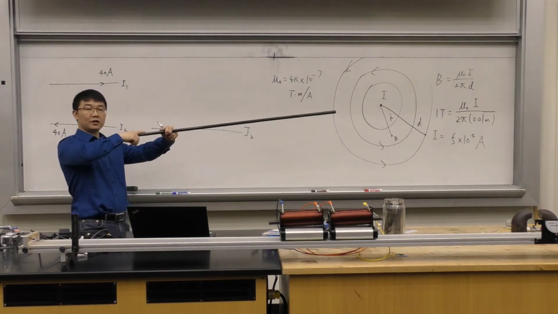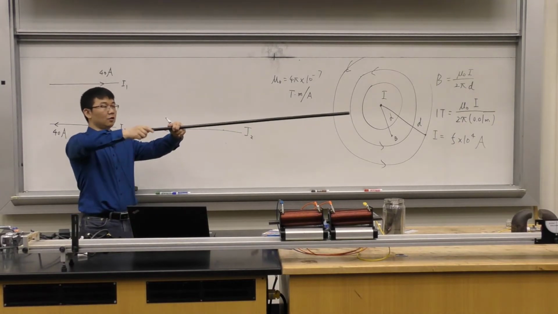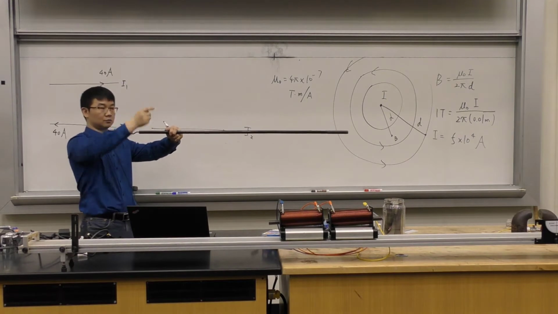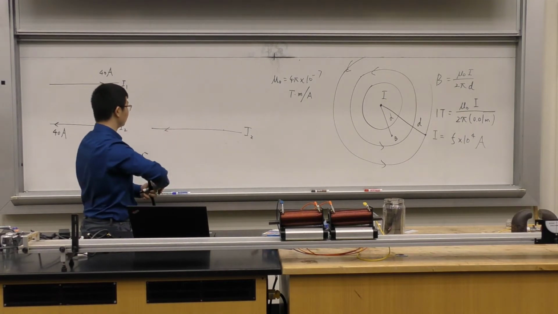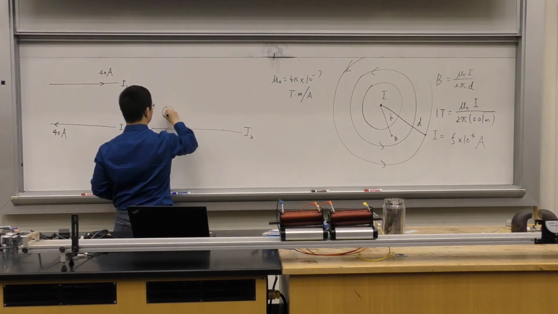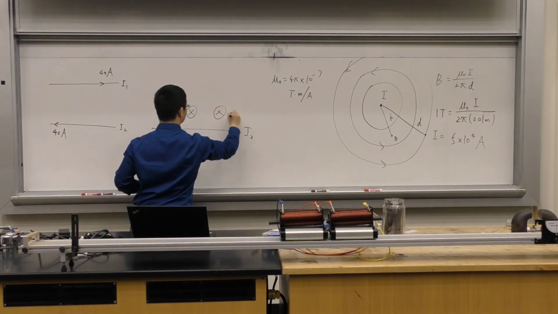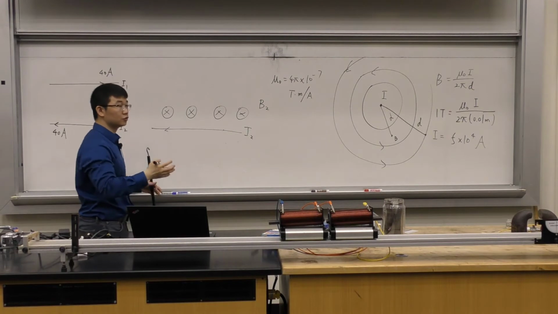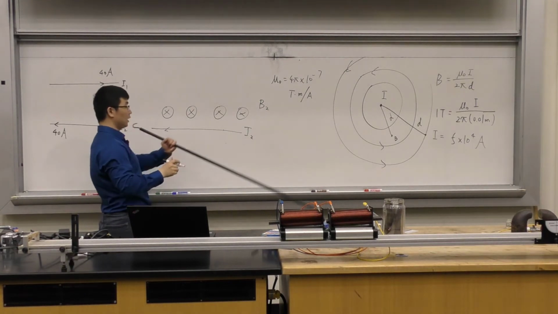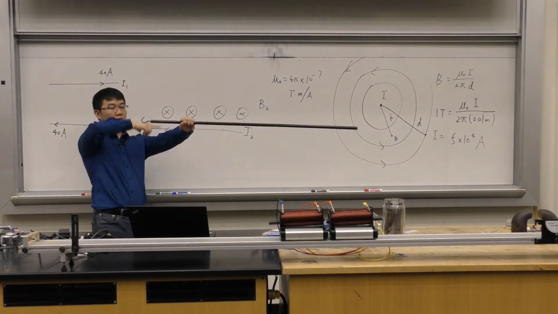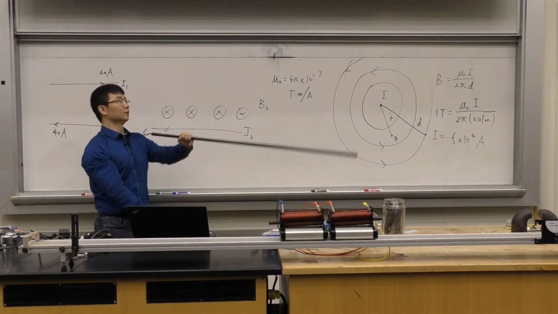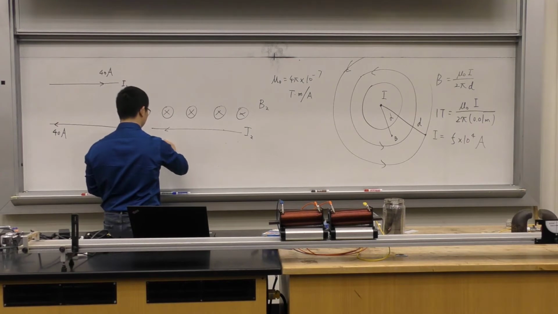Above I2, you're going to see all these lines going into the page, so above I2, I would draw crosses. This is the magnetic field created by I2. I'm not even interested in I1 now. Below I2, you're going to see all these lines coming out of the page, so now I would draw dots.